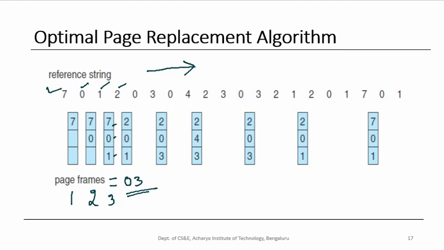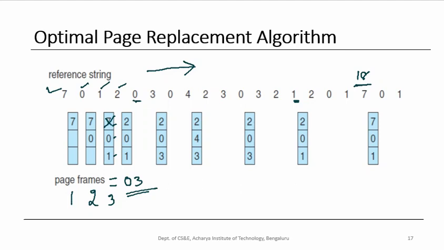Immediately after 2 there is a reference for 0, so definitely we cannot remove 0 from the memory. And there is a reference for page 1 soon, whereas there is a reference for page 7 only at the 18th position, in the sense it is going to be the 18th reference. So we cannot remove 0 or 1. So which page do we have to remove? That is 7. So page 7 is replaced with 2.